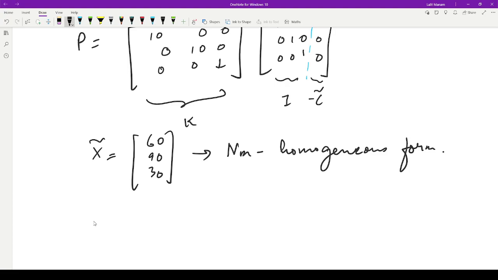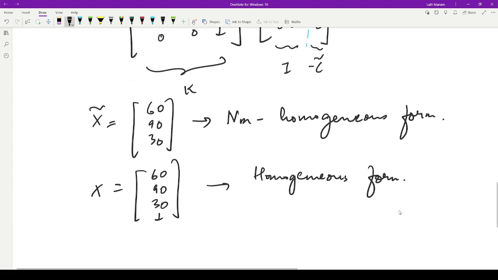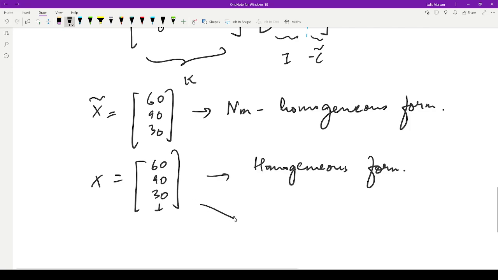So with this, our homogeneous form will look like this: 60, 90, 30, 1, which is given as the homogeneous form. I hope you recognize that these entities lie in P3, three-dimensional projective space.